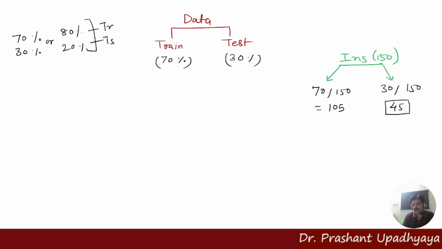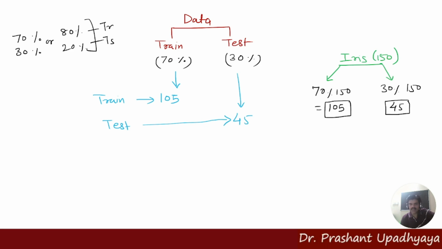That means I have to divide this data into two parts. So my training data will be 105 samples, and I will have 45 as my test data.